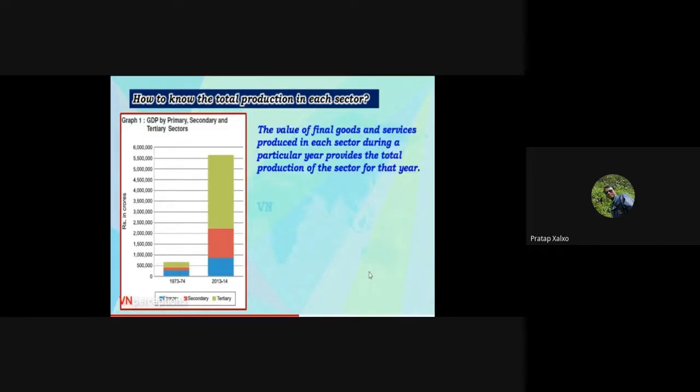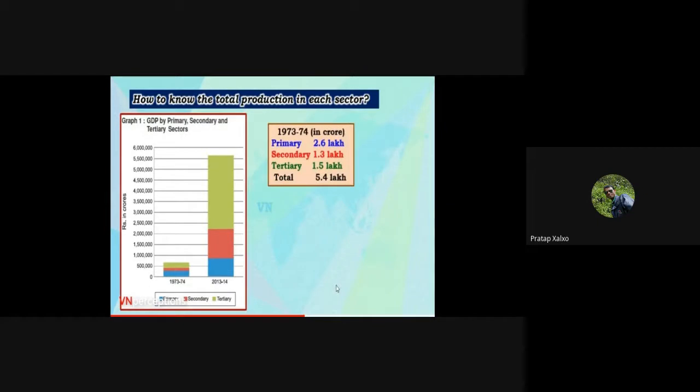Let's understand this. The value of final goods and services produced in each sector during a particular year provides the total product of the sector for that year. Now, let's try to understand GDP better with the help of this graph.